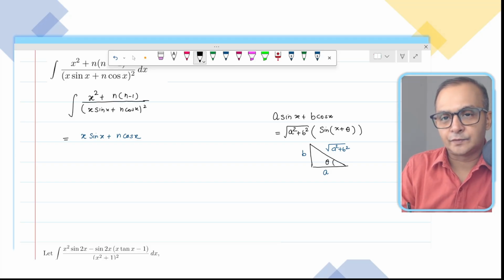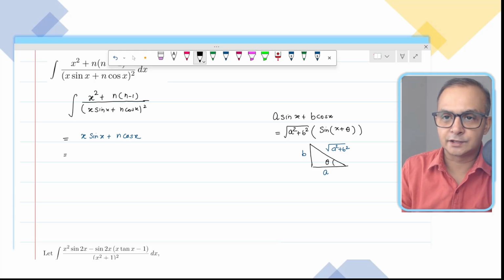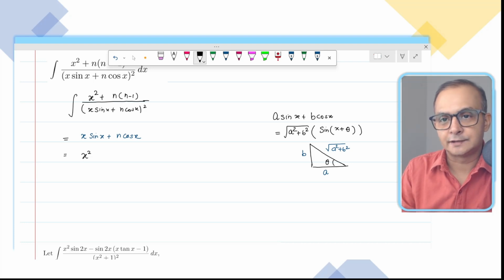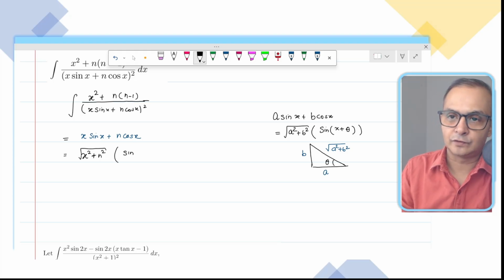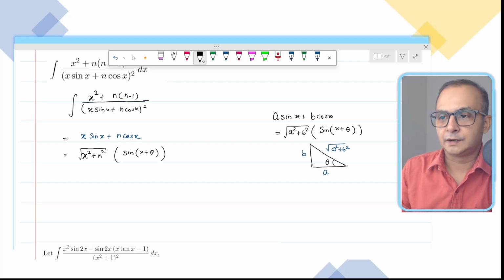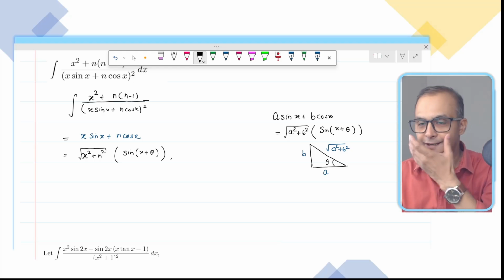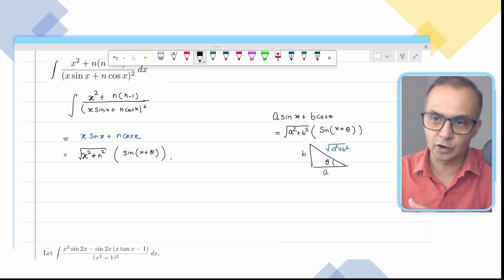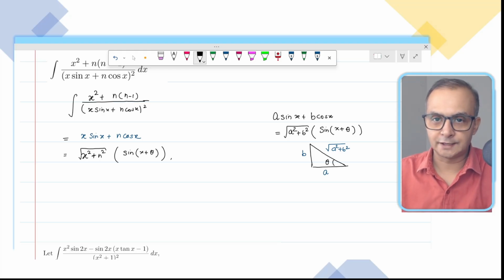Now in the same way, I'm thinking of x as the place value of a and n as the place value of b, and writing this as square root of x squared plus n squared times sin(x plus theta). But in this process, I have to understand that theta is not a constant here, because theta depends on x, and x is a variable here.